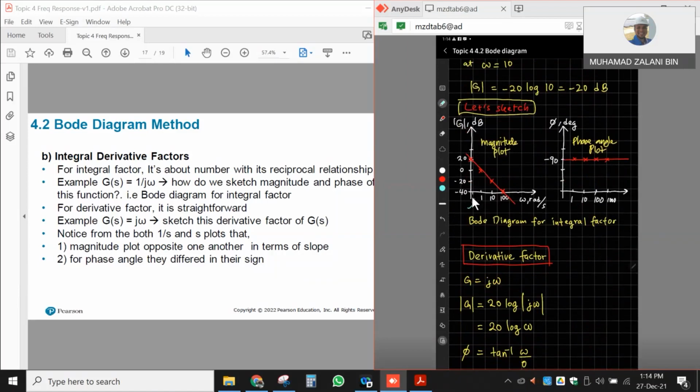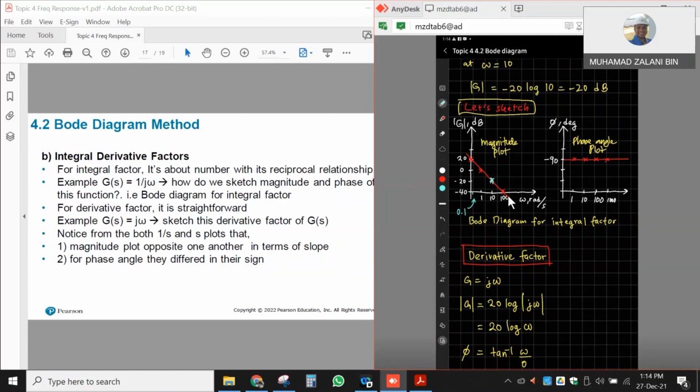Start from omega, which we can't see very clearly, but it is actually 0.1. At frequency equals 0.1, it should start from 20 decibel. At frequency equals 1, it is 0. At frequency equals 10, it is negative 20 decibel.